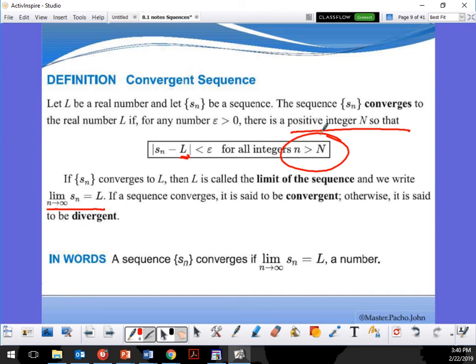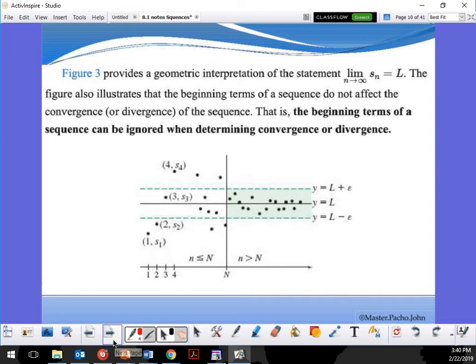For it to converge, it's got to be less than the value of the previous, or somewhere in between. There's an absolute value that it's eventually going to be squeezed into. I think I have a graph for this. Here it is right here.